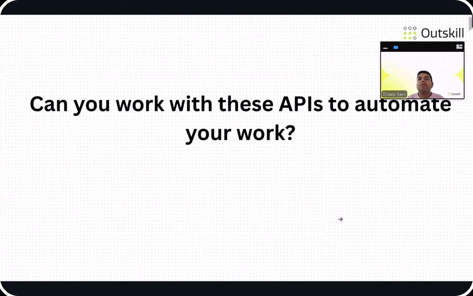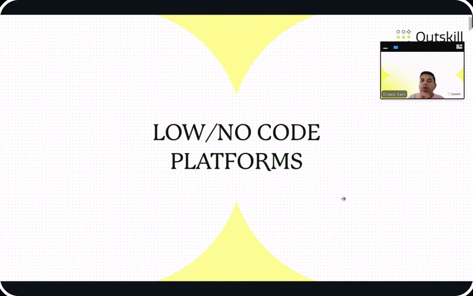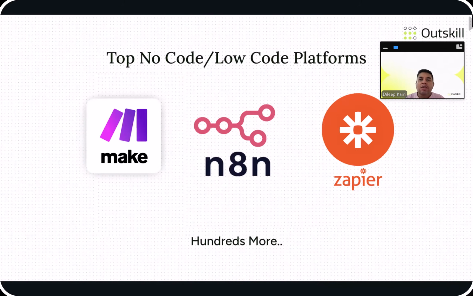So how do you work with APIs to automate? Earlier, it was only the domain of programmers who could use APIs to build applications. But now, with the advent of low code and no code platforms, you are able to use platforms like Make, N8N, and Zapier to do your automations.